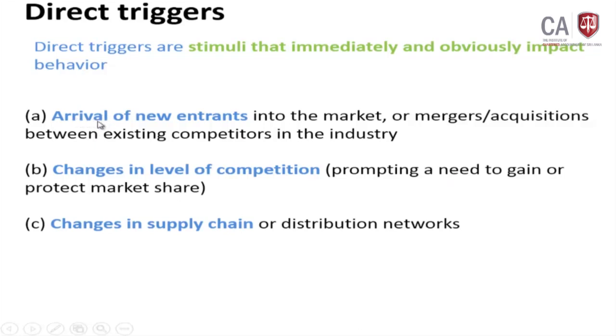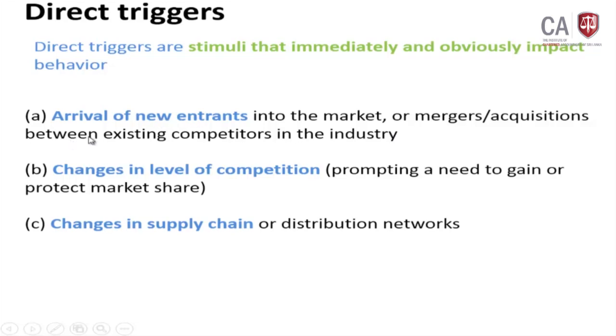Arrival of new entrants into the market. There can be a new arrival that directly triggers you to adopt new technologies and new development in order to survive and compete with these new entrants.